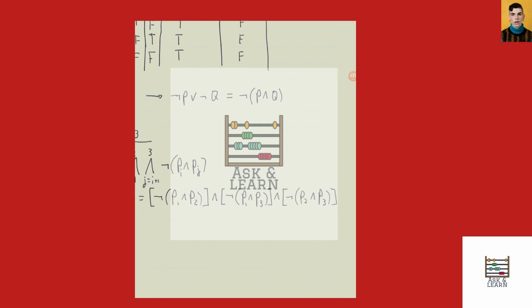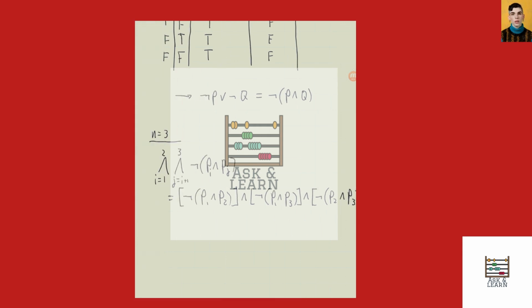With the way that the indices are set up, we will be getting every possible pairing of propositions: P1, P2, P1, P3, P2, P3. Ordering doesn't matter. And if we went up to n equals 4, again, we would end up getting every possible combination of propositions in conjunction with one another.